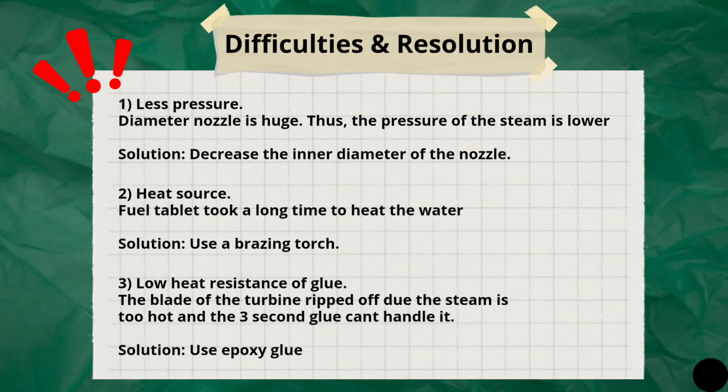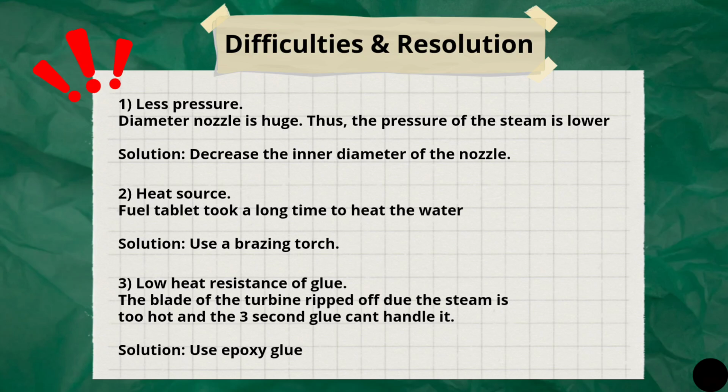Secondly, inefficient heat source. The fuel tablet we used initially took too long to heat the water. So, we switched to a brazing torch to provide more efficient heating. Next, heat resistance issues.